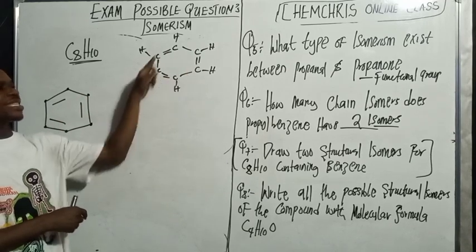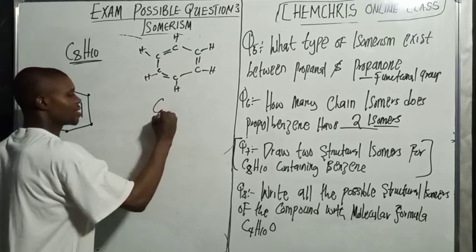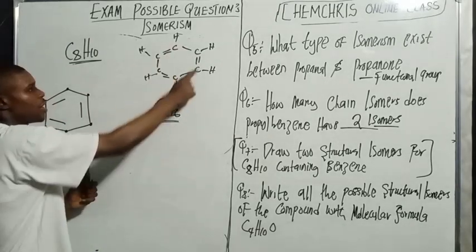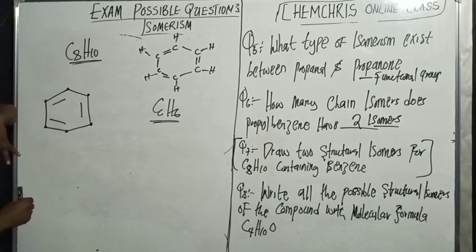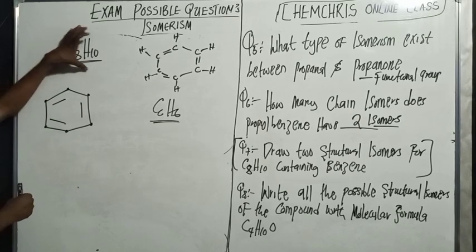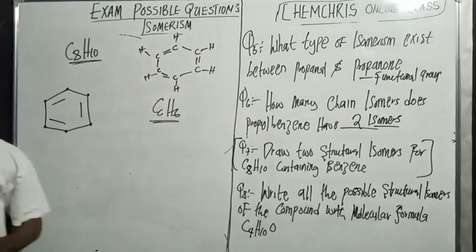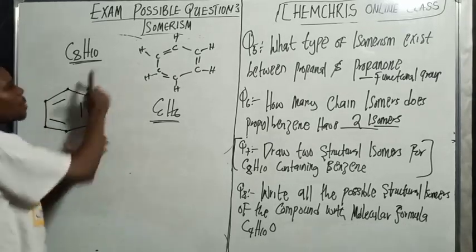Benzene has 6 carbon, because benzene is C6H6. So benzene has 6 carbon already, and the molecular formula is C8H10. So if benzene has 6 carbon, how many carbon will be left? 2. Thank you. 2 carbon will be left.